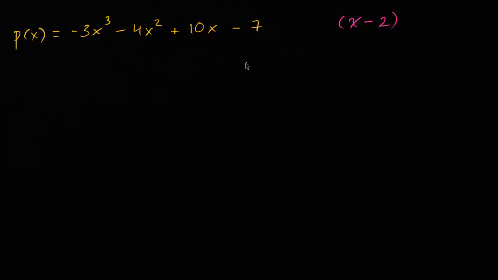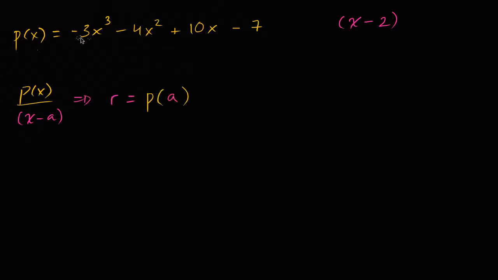The polynomial remainder theorem tells us that if I take a polynomial p of x, and I divide it by x minus a, the remainder is just going to be equal to p of a.